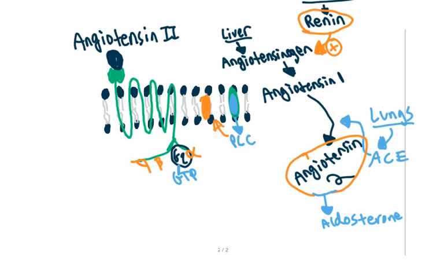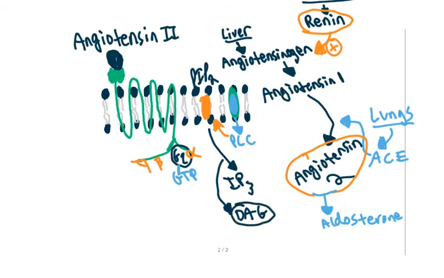So phospholipase C will then act on this PIP2 and turn it into an inositol 1,4,5-triphosphate molecule, and a 1,2-diacylglycerol molecule, or DAG, right?